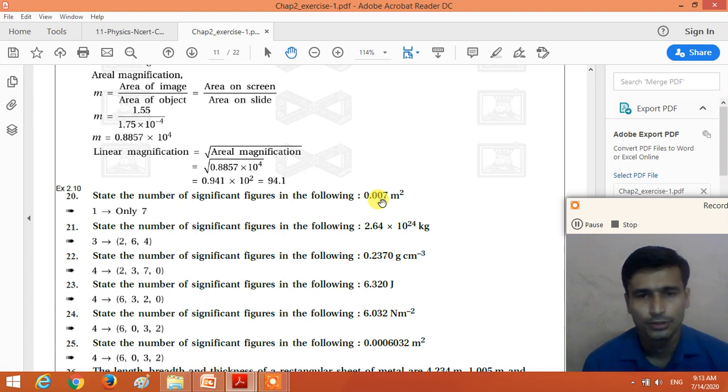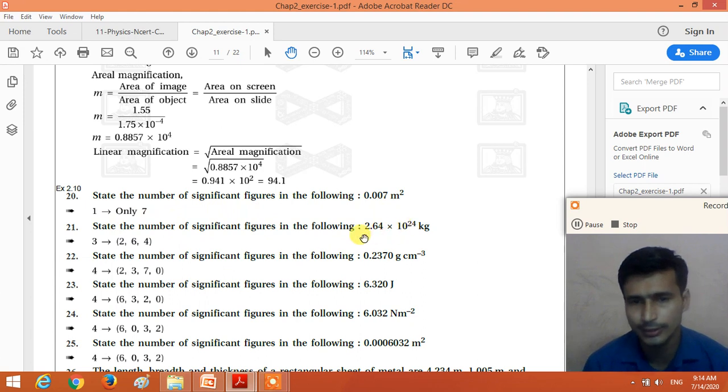To understand more about the significant digit rules, see the video on significant figures. So here these zeros are not considered as significant digits. In the number 0.007 meter square, there is only one significant digit, 7. The second number is 2.64 into 10 raised to 24.